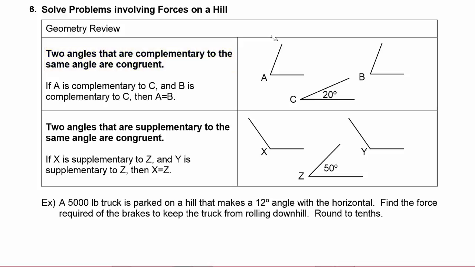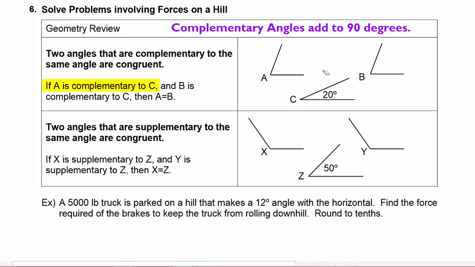So in this picture, if A is complementary to C, that means angle A and angle C have to be complementary. Now remember that complementary angles add to be 90. So then you would know that angle A has to be 70 degrees.